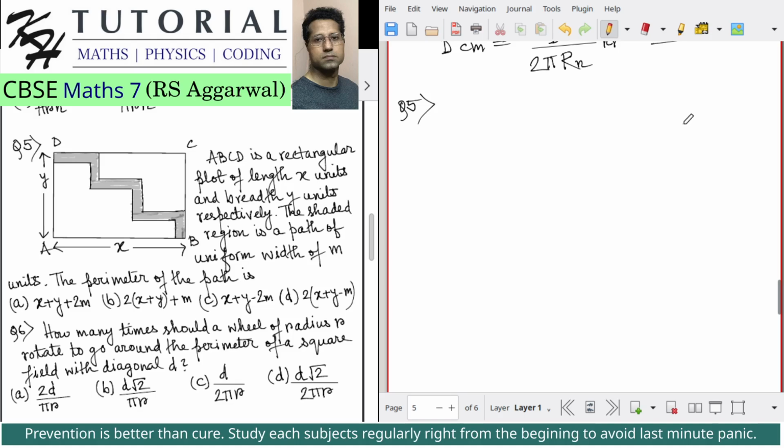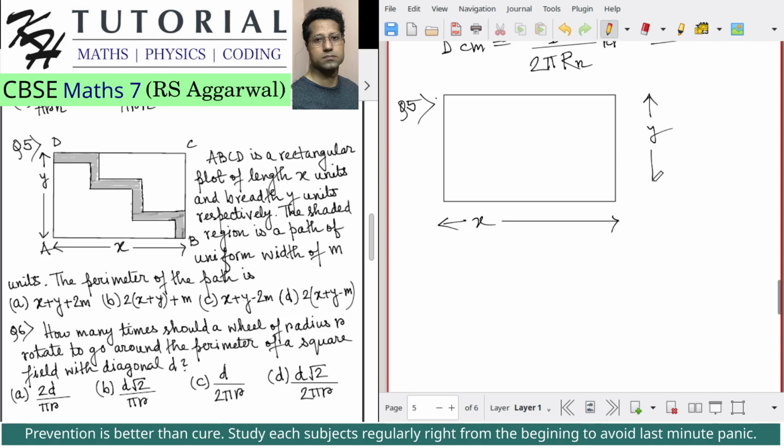Then the perimeter of the path is. Okay. So let's quickly draw a figure. Say this is the rectangular plot, and this is x, length is x units, and the breadth is y units. So the path is something like this.